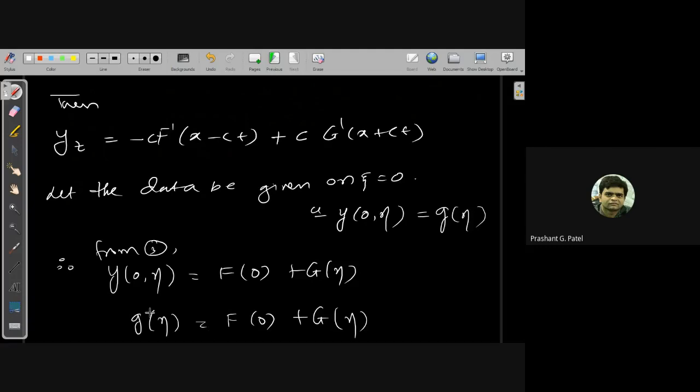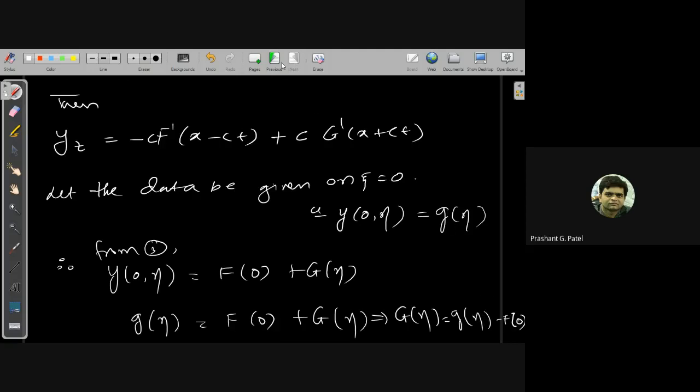And if I substitute this value, this gives me capital G of eta equal to small g of eta minus f of 0, where small g is a known function and f we still need to calculate.